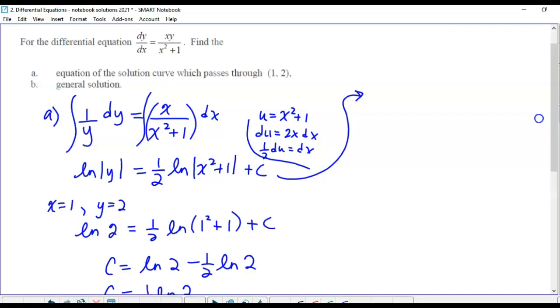What's nice here is, some of you have asked about c, can we call it something else? Yeah, you can. So in this case, if we let c equal a natural logarithm, then we can incorporate it into one term based on your log laws. So I'm going to let it be ln of a, where a is greater than 0. We're going to substitute that back in.